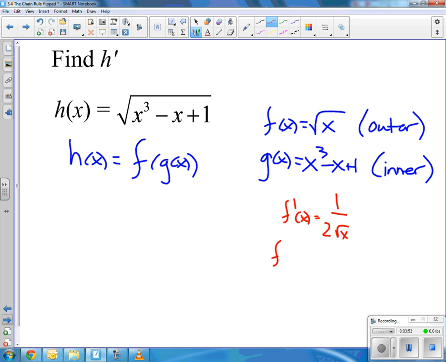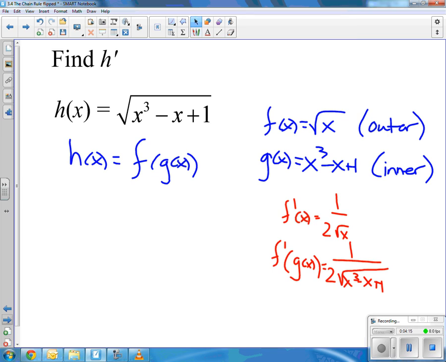We want the derivative of f at g of x. All that means is we're going to plug in the g function where x was. So my derivative of f at g of x is going to be 1 over 2 times the square root of our polynomial, x cubed minus x plus 1. All right, so that's the first part of our derivative.